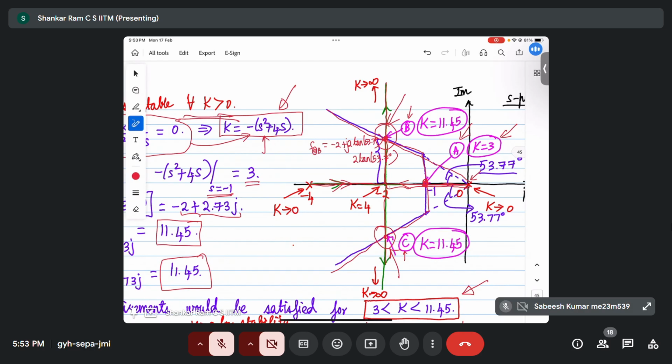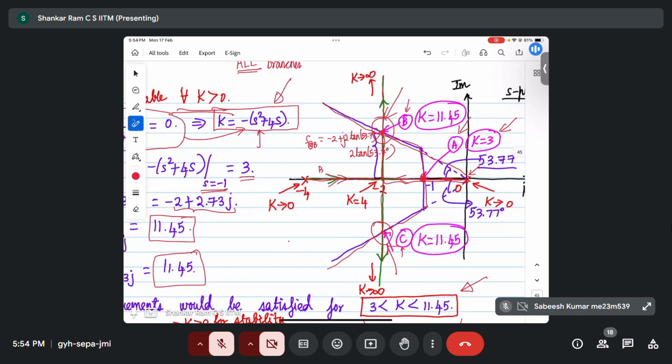Because we should not interpret it that way. Please note, I'm repeating again: all branches of the root locus, the keyword is all. All branches of the root locus should lie in the left half plane for stability. All branches of the root locus must lie in this open trapezoid for performance. Let's call this branch 1 and this branch 2.